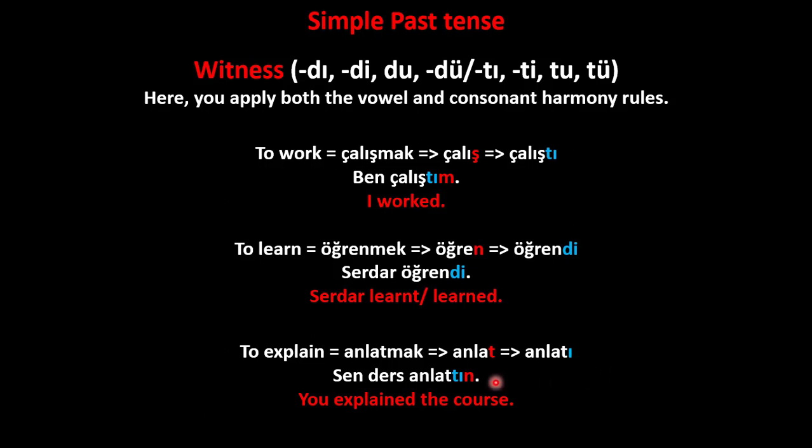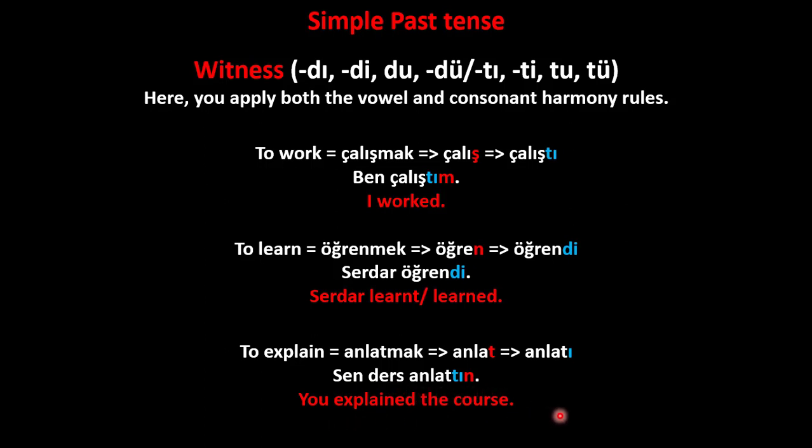So what must happen is this: sen, sen anlattın. So you see here, I added the other t, so that the stem ends in t, and I added another t because the t's are in the hard consonant category, and also the person suffix. You explained the case. Sen anlattın.